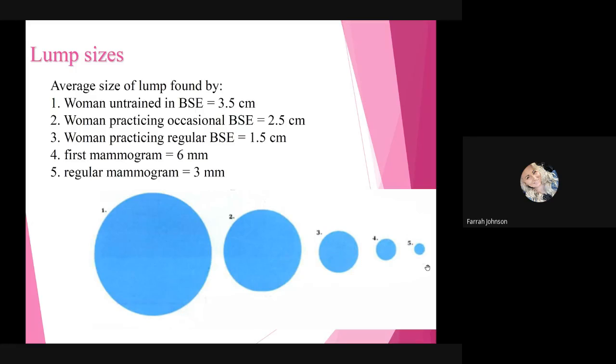Patients who undergo their first mammogram, we can normally detect those breast lumps at 6 millimeters. And then a regular mammogram, we can detect them at 3 millimeters. So this is just to show you the relationship between imaging and self breast examinations. Mammography is extremely, extremely sensitive as compared to trying to feel a lump as the patient.